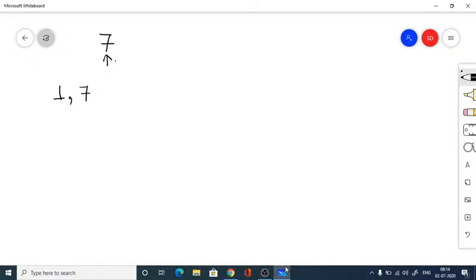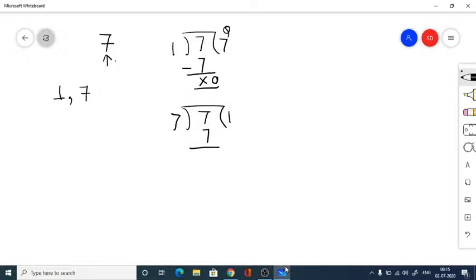If you divide 7 by 1, you get 7, remainder 0. So 1 is a factor of 7. And if you divide 7 by 7, you get 1, and the remainder is 0. So these are the only 2 factors of 7.